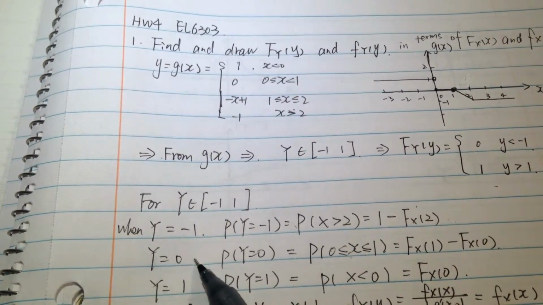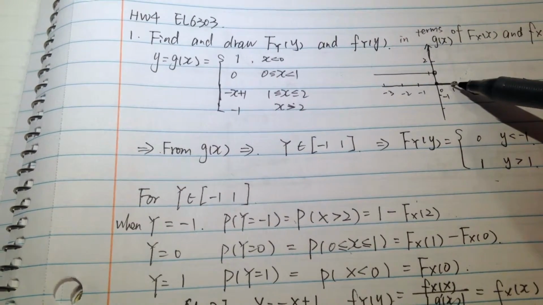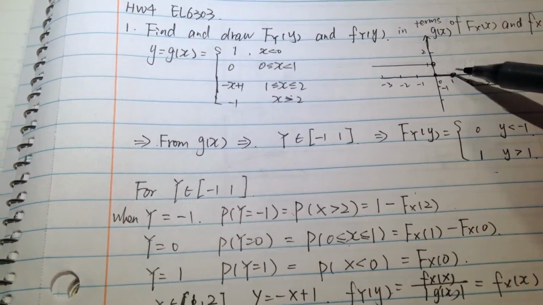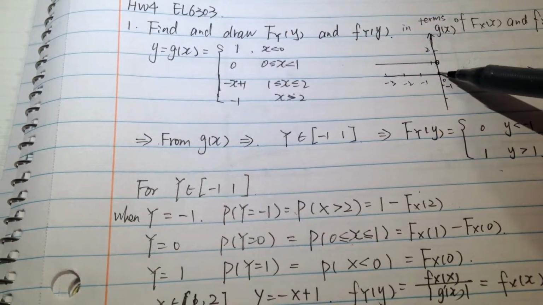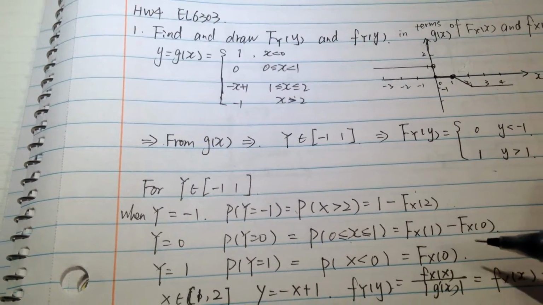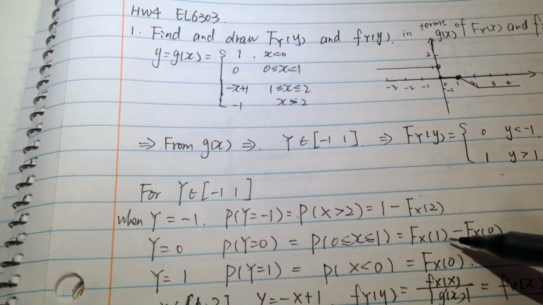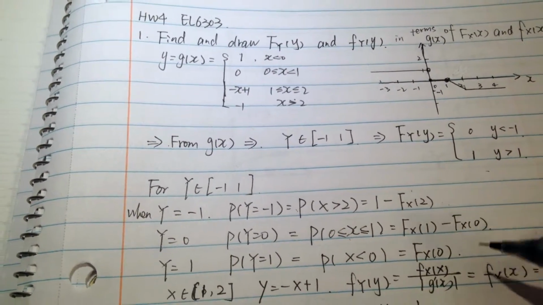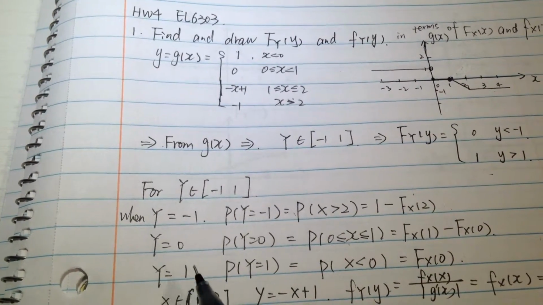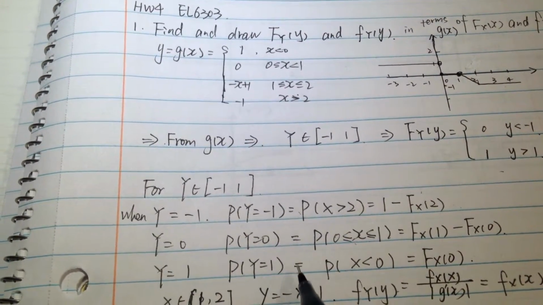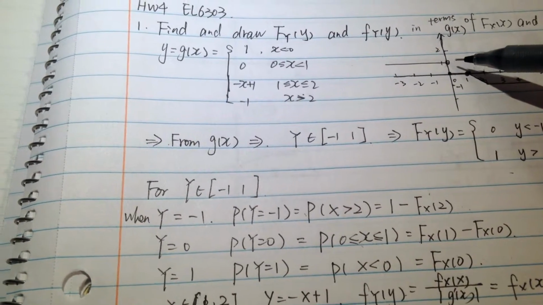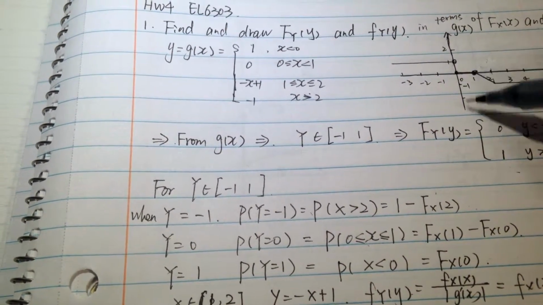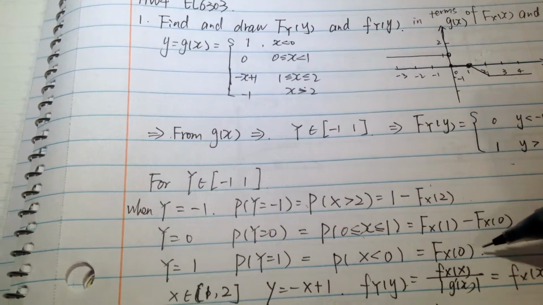When Y equals 0, the probability is equal to the probability of X between 0 and 1, so this value is equal to Fx(1) minus Fx(0). And the probability that Y equals 1 is equal to the probability that X is less than 0, which is Fx(0).